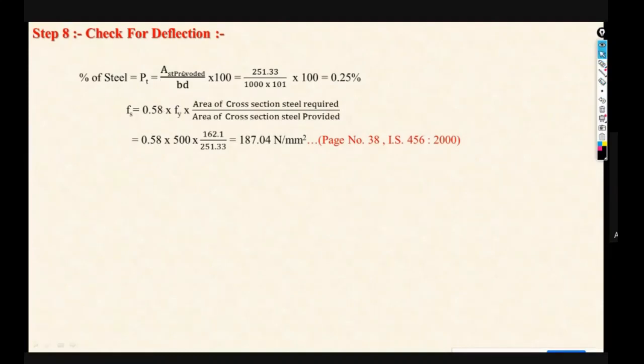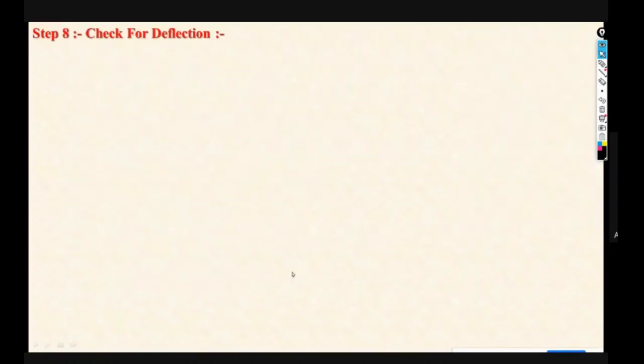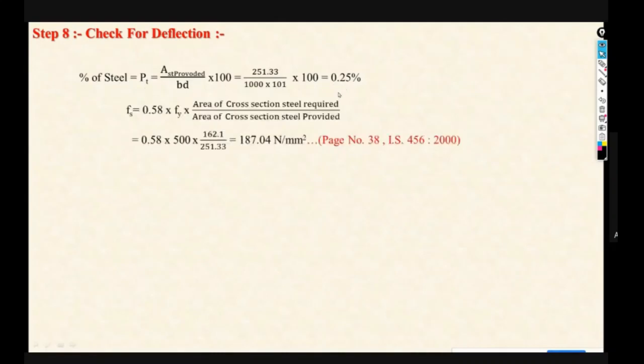Percentage of steel is AST provided divided by BD, that is 0.25%, because here we have provided reinforcement 251. If you see over here, AST provided, 8 mm bar that we have assumed, so pi by 4 into 8 square divided by 200 spacing into 1000, that is 251.33 mm square. So as per that reinforcement, percentage of reinforcement is 0.25%.